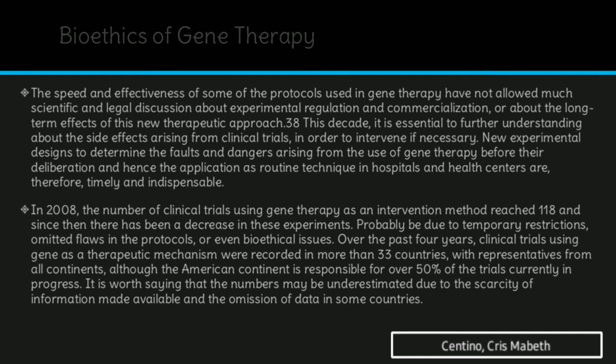Over the past 4 years, clinical trials using gene therapy as a therapeutic mechanism were recorded in more than 33 countries with representatives from all continents, although the American continent is responsible for over 50% of the trials currently in progress. It is worth saying that the numbers may be underestimated due to the secrecy of information made available and omission of data in some countries.